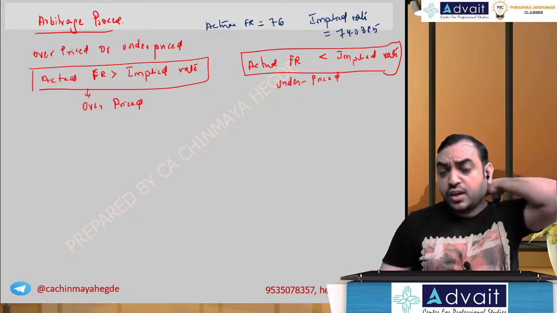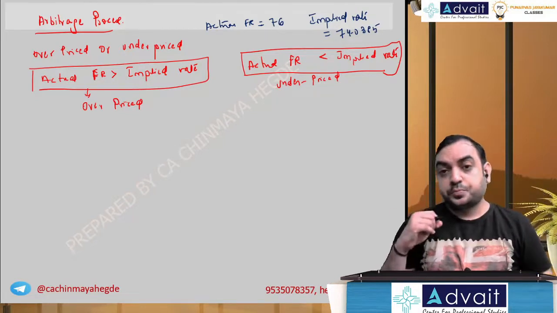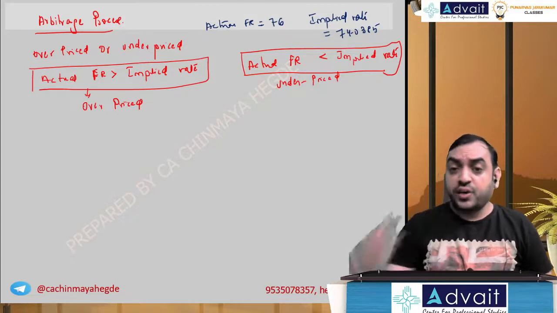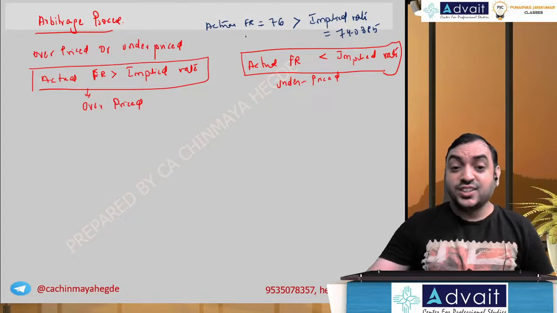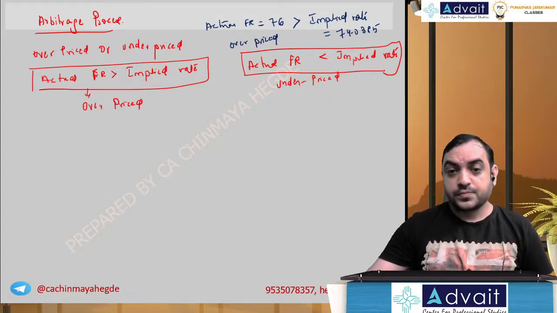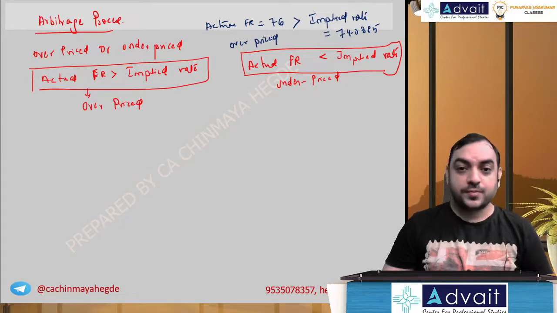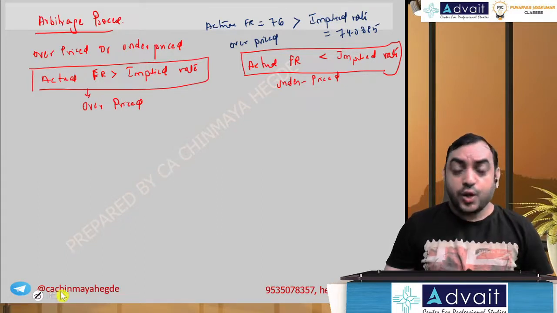Therefore, what is the relationship? The actual forward rate is more, correct? 76 is more. So what do we say? It is overpriced. Clear? Now, what's the format?